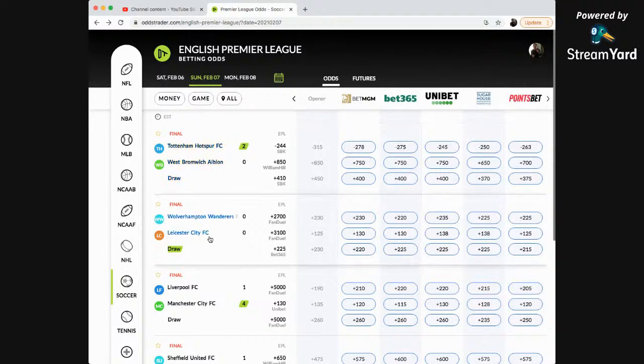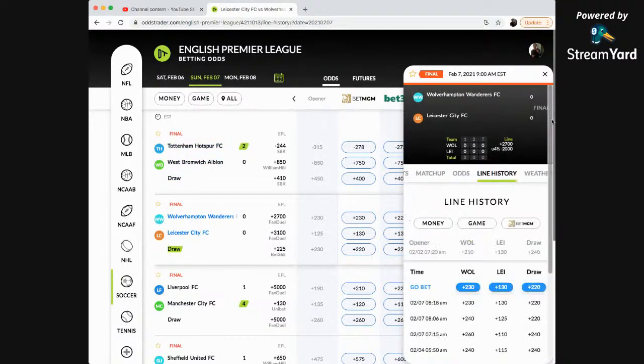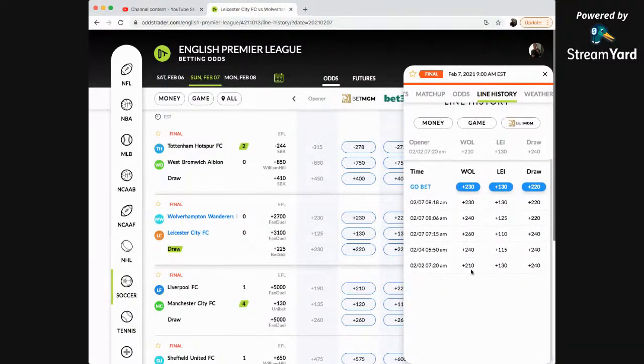All right, so let's look at Wolves here. Line history, we go down here. Okay, this line opens at plus 210, moves to 230. We can eliminate that line. This line moves plus 130 to 130. We cannot eliminate this one. There's no movement. And this one moves from 240 down to 220.